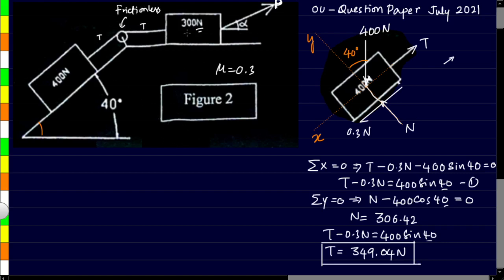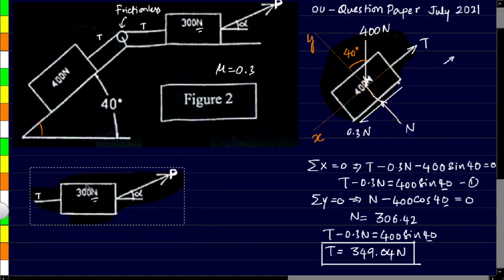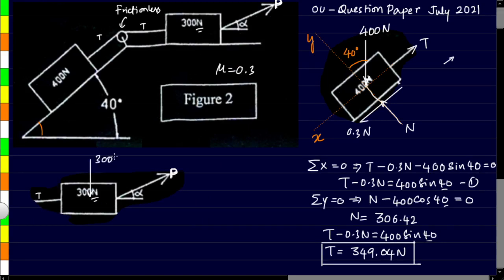Okay. So now we will have to take a free body diagram of this block. Let me take the free body diagram of this block over here and start putting all the forces on it. So there is a weight that's acting downwards, that being 300 newtons. Of course, there will be a normal reaction at the surface.